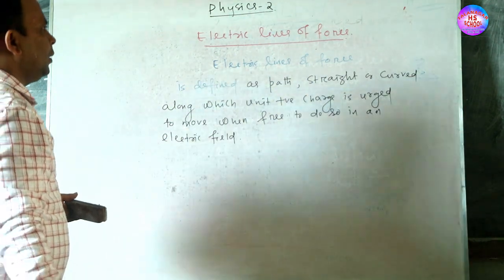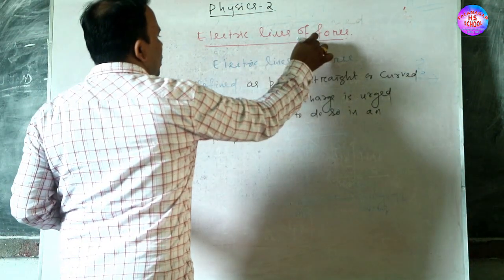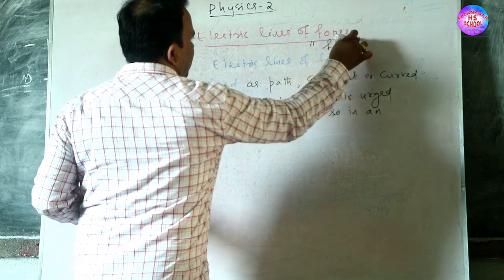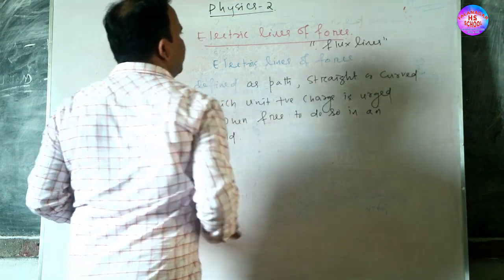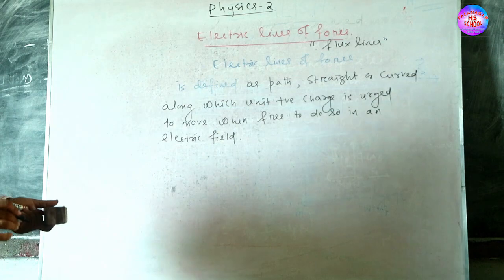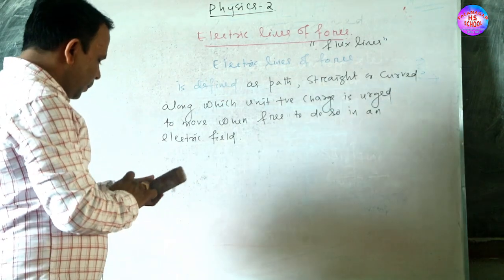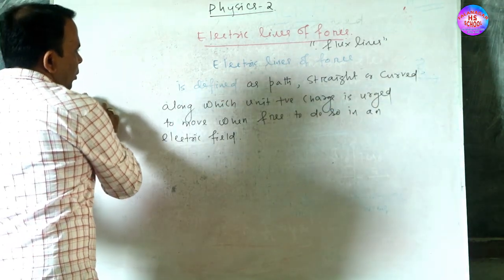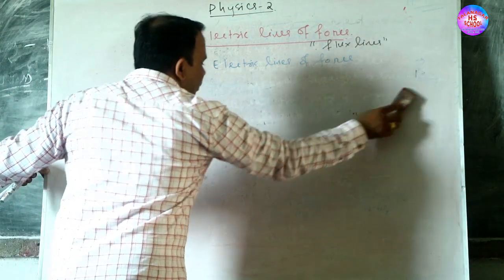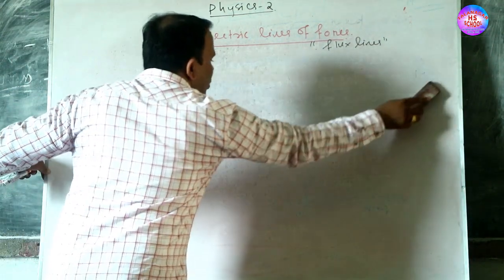That is the electric lines of force, or it is also known as the flux lines. This is the imaginary line. Electric lines of force is a path, may curve or straight.